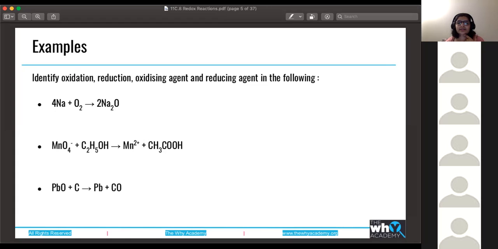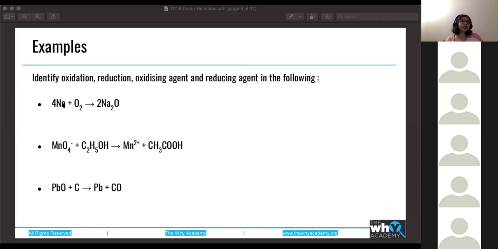It is oxidation, and sodium is getting oxidized. Oxygen is the oxidizing agent. Awesome. Oxidation is taking place, and you also identified that sodium is undergoing oxidation.